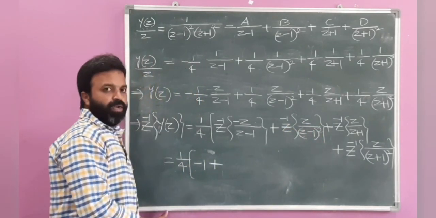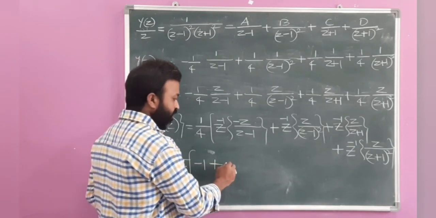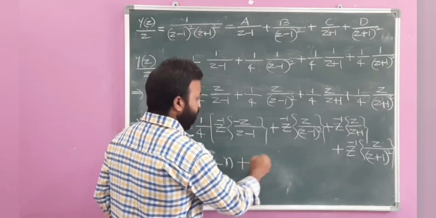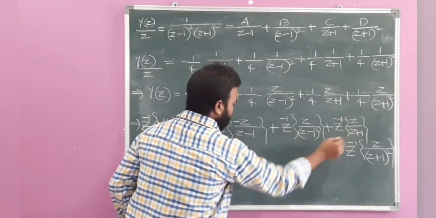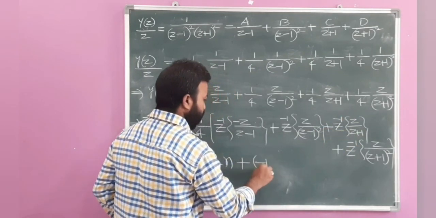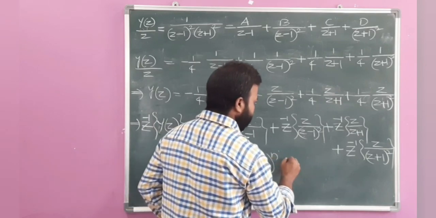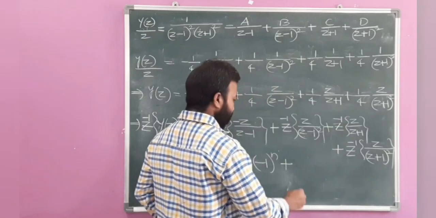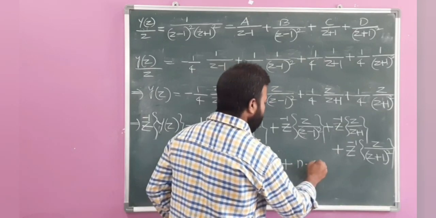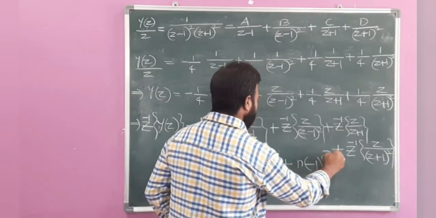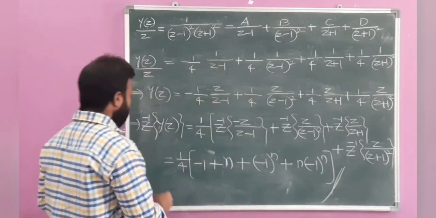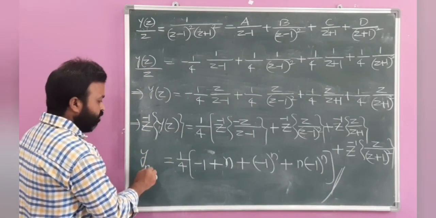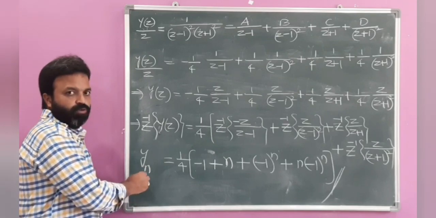Z inverse of z by z minus 1 whole square formula is n, plus z inverse of z by z plus 1, that is minus 1 whole to the power of n, plus z inverse of z by z plus 1 whole square, that is a formula for n into minus 1 whole to the power of n. So this is a solution for the given difference equation. Here z inverse of y of z, that is yn. So yn is the solution here.